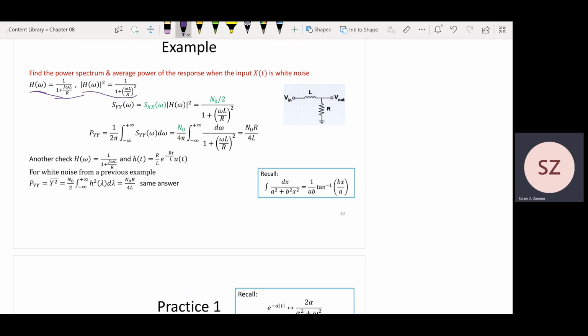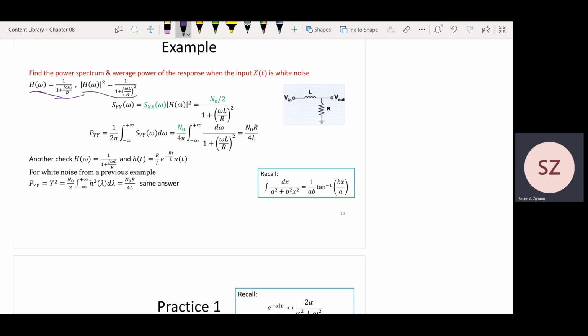We are taking the input from here and the output from here. We have seen circuits like that before, so you can find the transfer function. The power transfer function, the magnitude squared, is given by this.